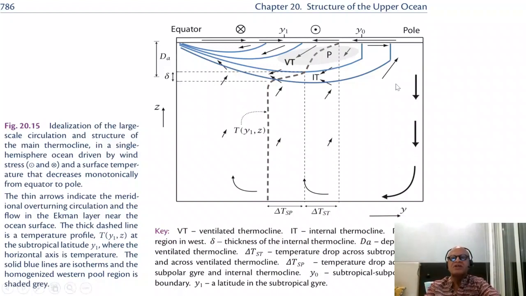So there is a direct communication of the thermocline here with the atmosphere, whereas at these intermediate stages there is some sort of communication happening. Here you can see this well mixed layer matching the interior, and there you have the Ekman layer creating a convergence and pumping of fluid into the interior.